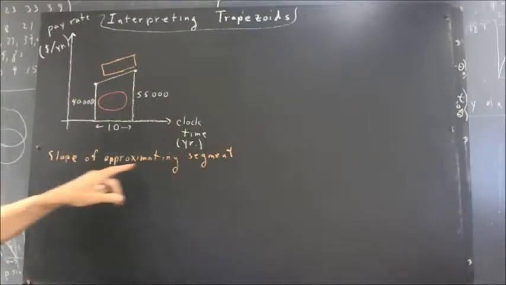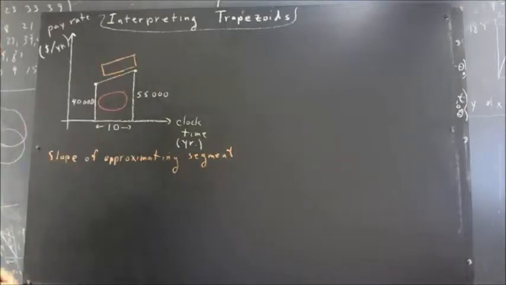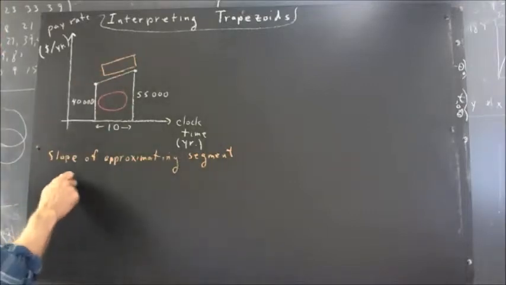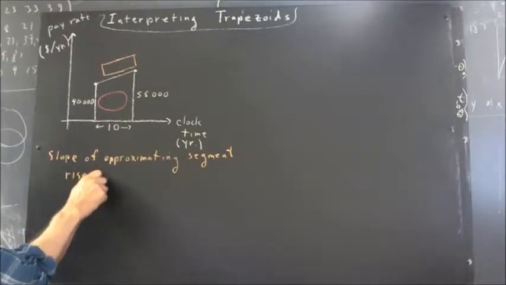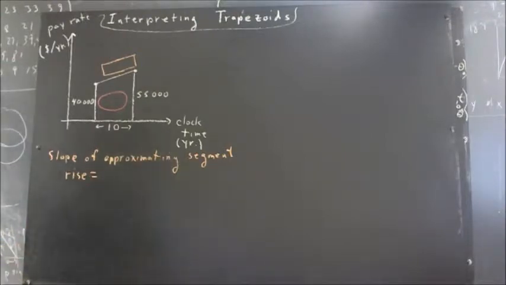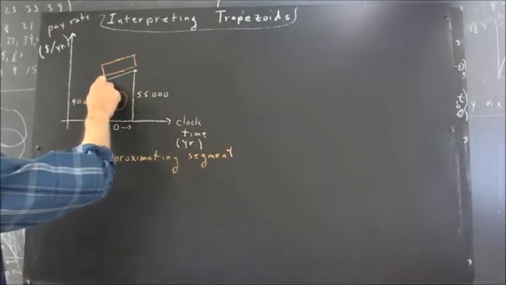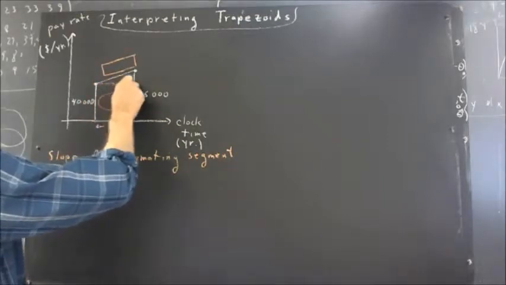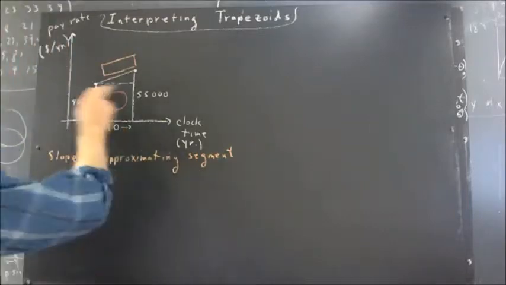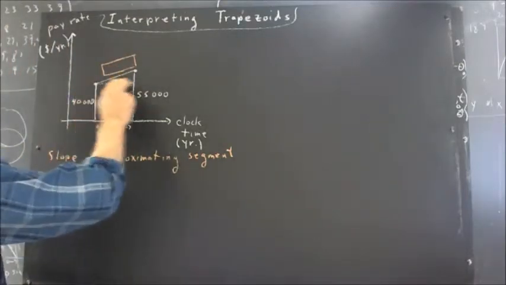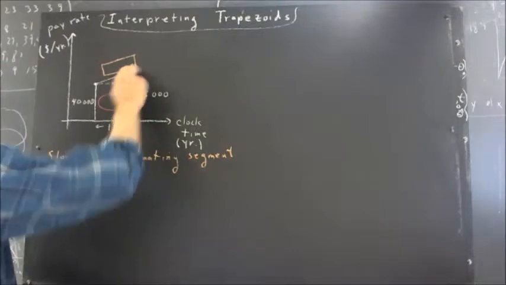Okay, the slope of the approximating segment is what? Rise over run. It's a really good idea when you're first getting used to this to actually draw the run and the rise so that we can see that the rise is from here to here.